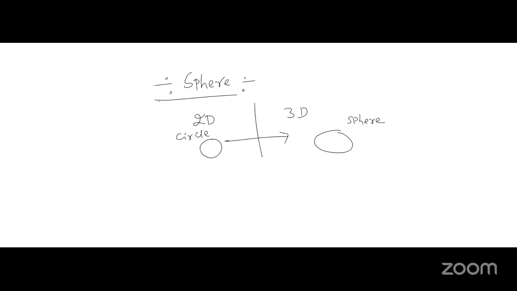Here, for a circle, the equation is x square plus y square plus 2gx plus 2fy plus c equal to 0.